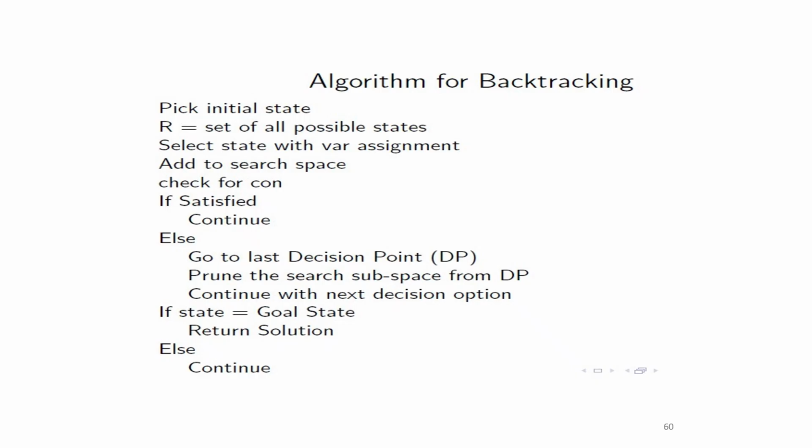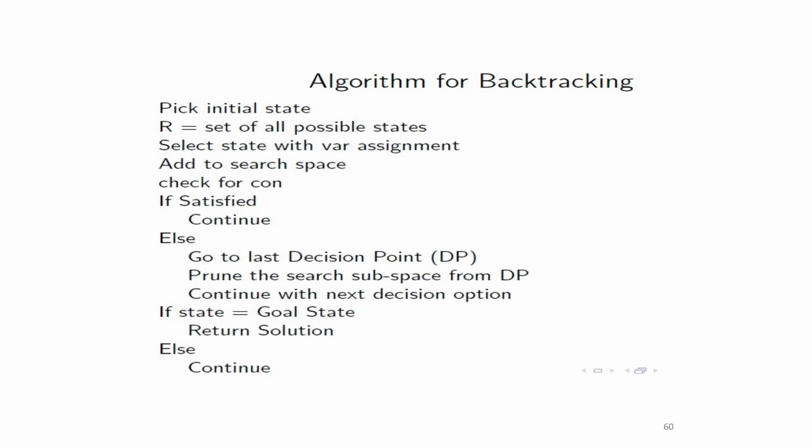Otherwise, if it is not satisfied, we have to go back to the starting position. Once the condition is satisfied, we can continue with the next portion, and then reach the goal state. Once the goal state is reached, we can continue with the next state of the problem.